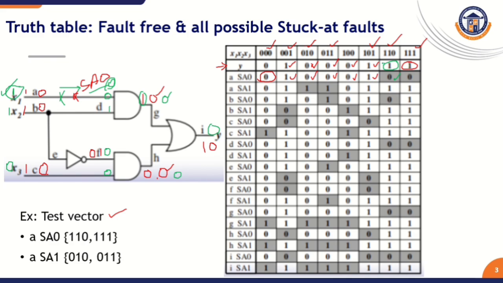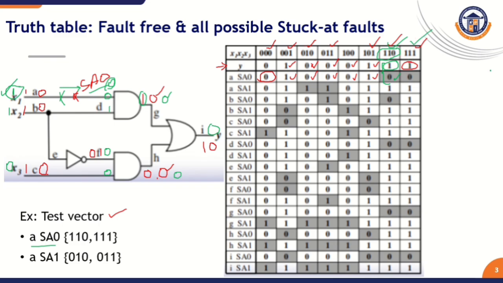Now you compare both outputs, both are different. So automatically there is some fault in this line. So this is the test vector to find the fault in this circuit. This is the test vector to find the stuck at 0 fault. In a similar way, next we apply another combination, 1 1 1.